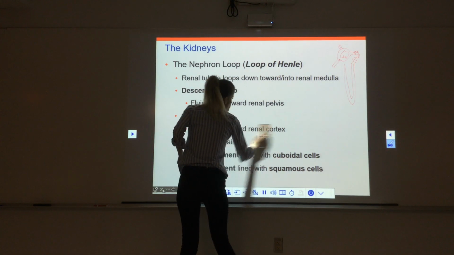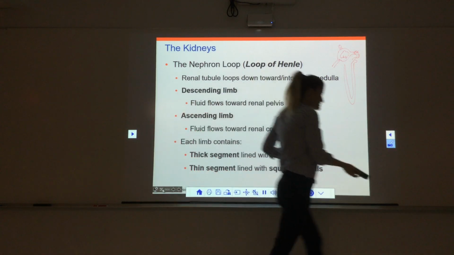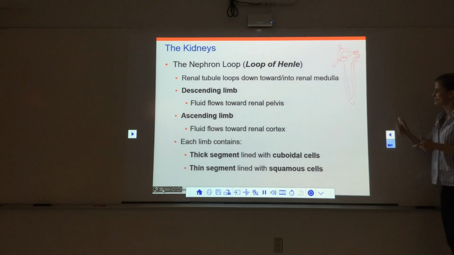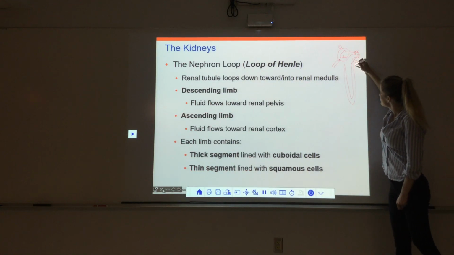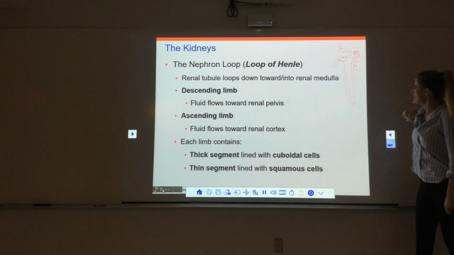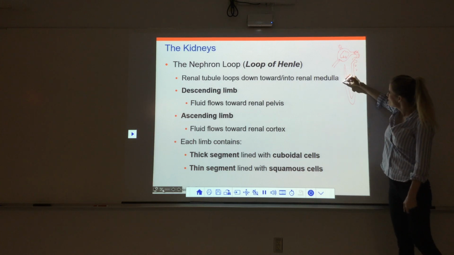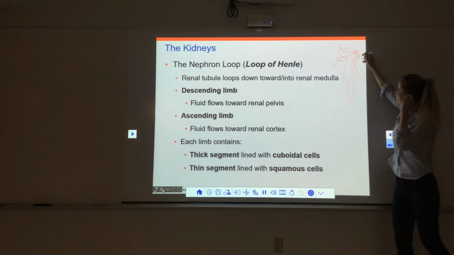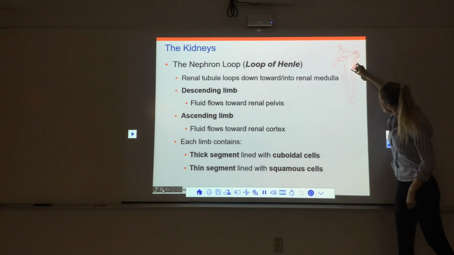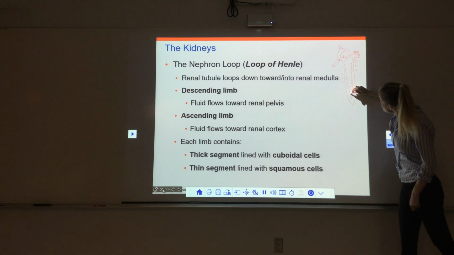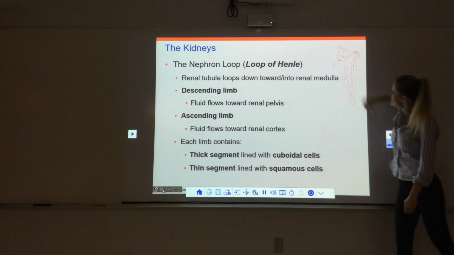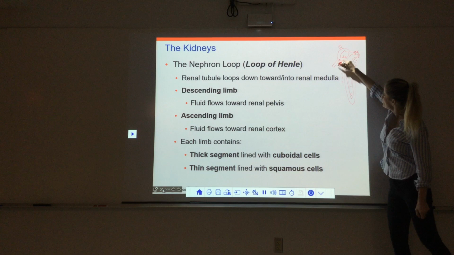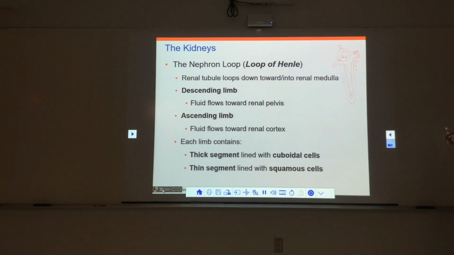When we look at the loop, we can separate it into the descending limb and the ascending limb. The descending limb is just the first part that goes down. The ascending limb is the part that goes up. So the fluid comes from the PCT down the descending limb, it takes this sharp turn, and then it comes back up the ascending limb, and then eventually to our distal convoluted tubule.